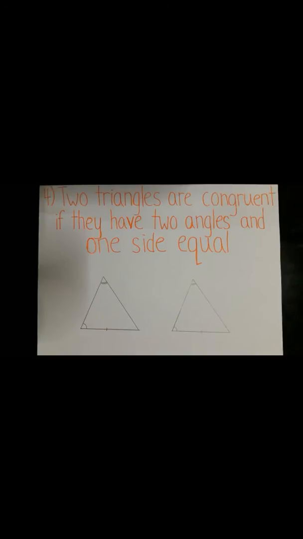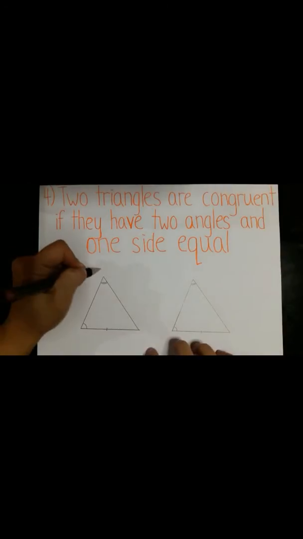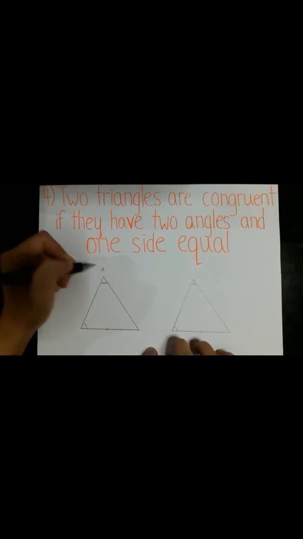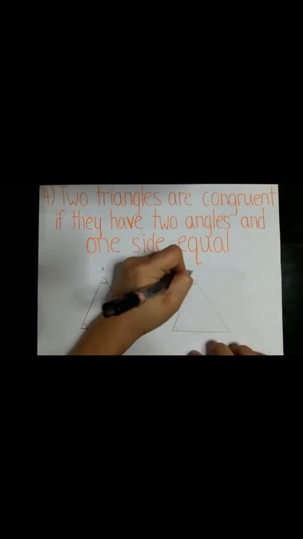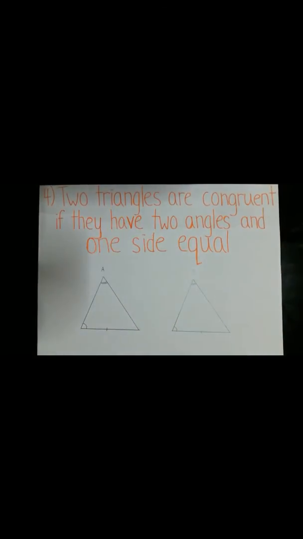We have our first triangle right here, which I'm going to call triangle A. And then we have triangle B. So what the theorem says is that if two angles are congruent, which we have these two right here, and one side equal, therefore, these two triangles are congruent.